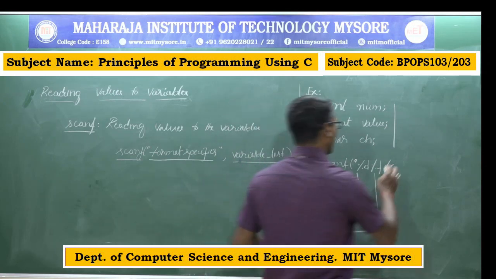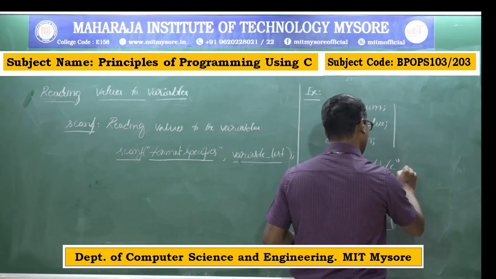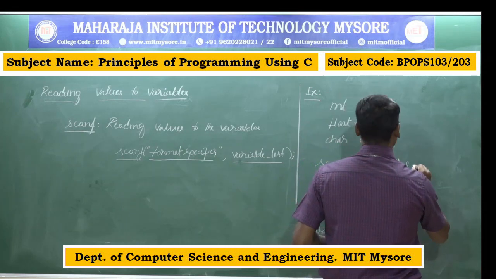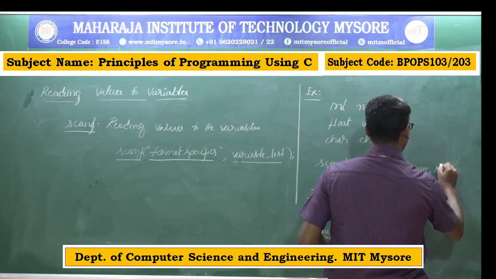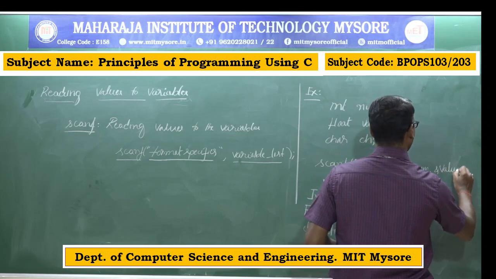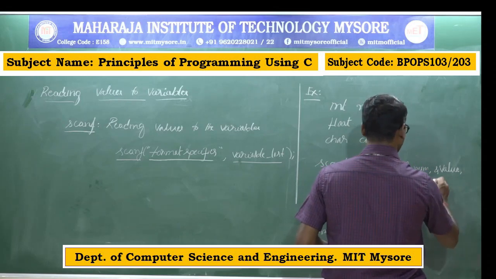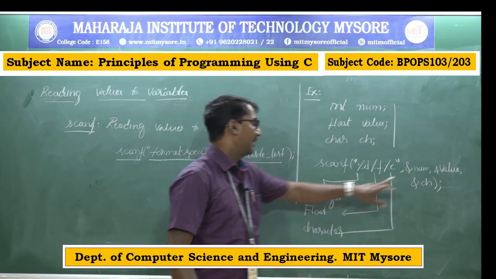Character type. This should be within double quotes, then comma, here address of num, comma, address of value, comma, address of ch. Here the variables are separated by comma.